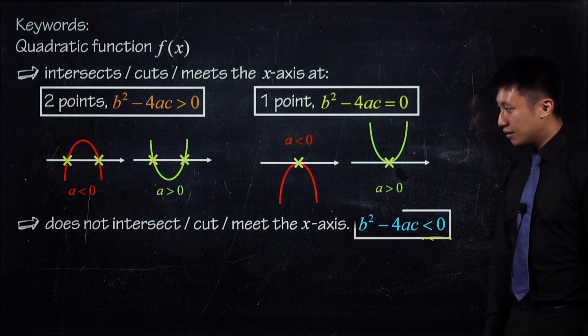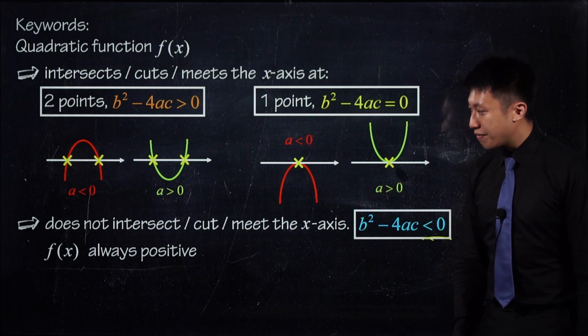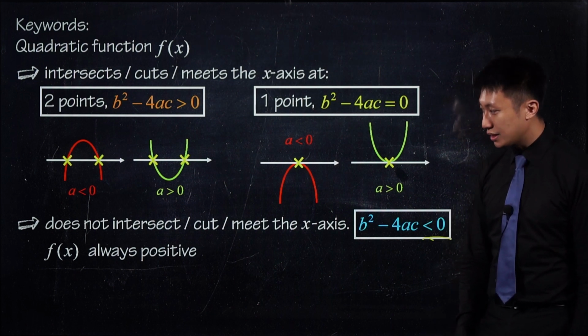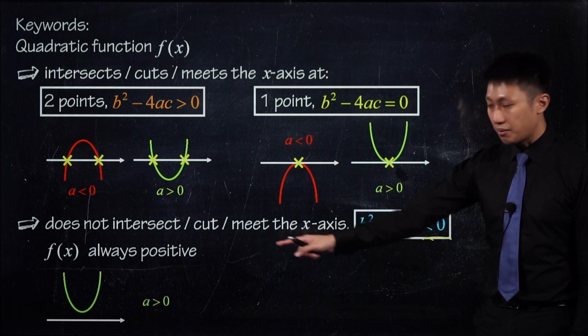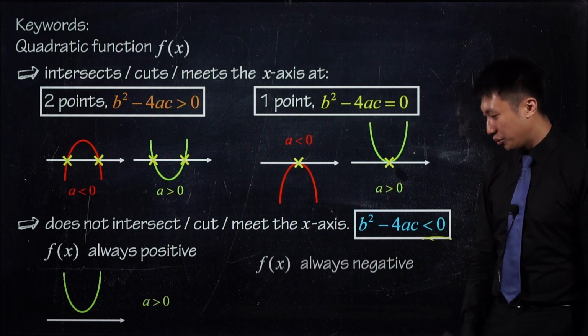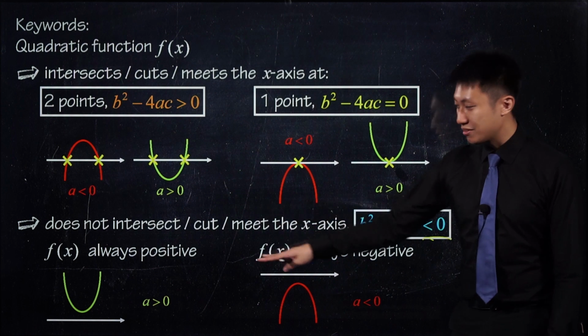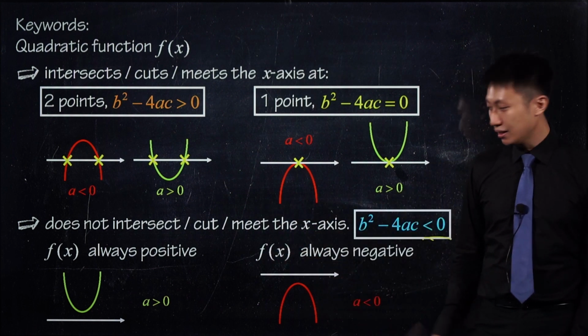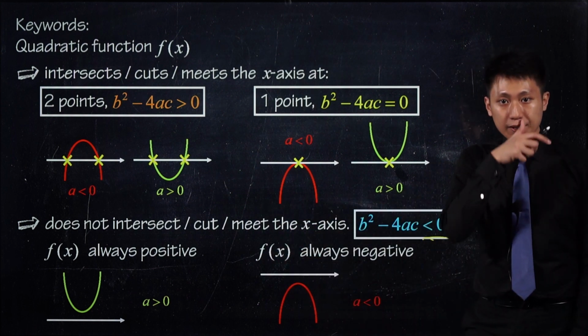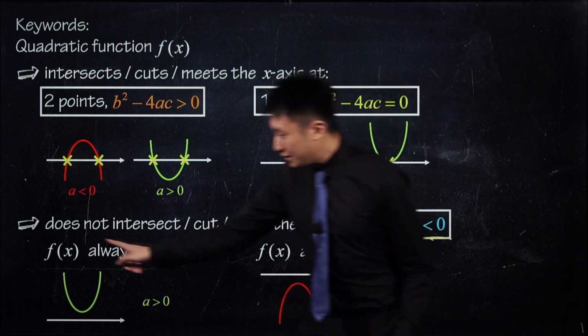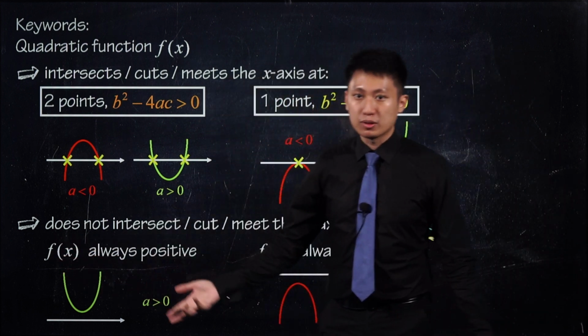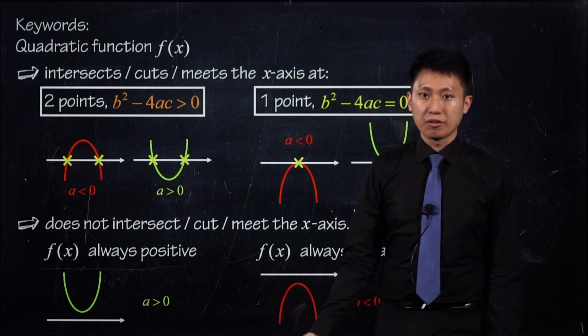Alright, very easy. So f(x) is always positive means that one. f(x) is always negative means this one. If this one and this one together, it tells you this one also the same thing. So it says f(x) always positive. It means what? There's no intersection with the x-axis, right?